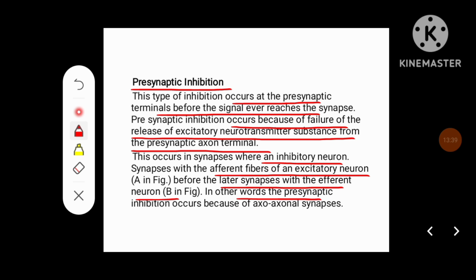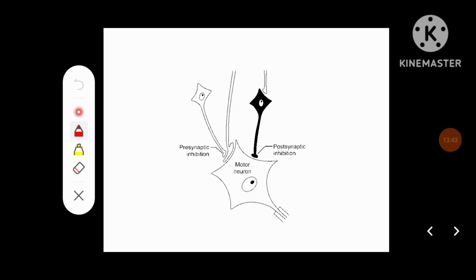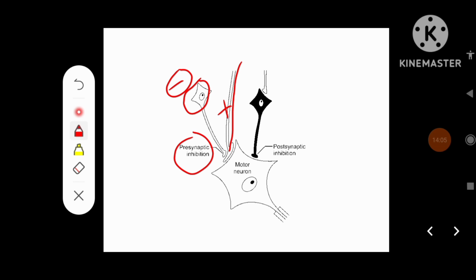In other words, presynaptic inhibition occurs because of axo-axonal synapses. This diagram shows presynaptic inhibition. Here, this is usually the excitatory neuron, and this interneuron forms an axo-axonic synapse with it; it is usually inhibitory and secretes an inhibitory neurotransmitter, thus suppressing the excitatory impulse on the motor neuron.